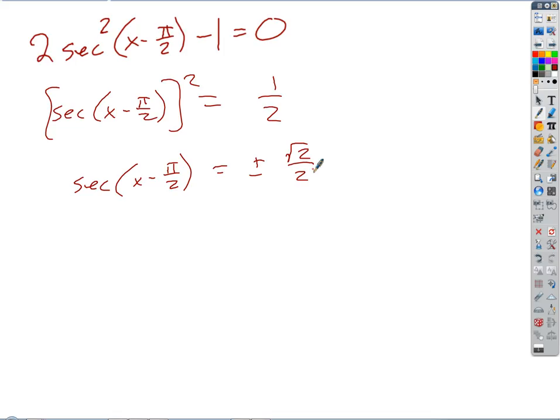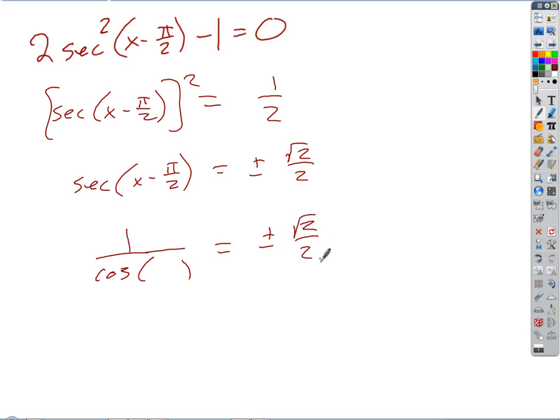However, think about this now. Secant is the reciprocal of cosine, right? So if we write this as 1 over cosine of x equals plus or minus square root of 2 over 2, I've really got to flip both sides.